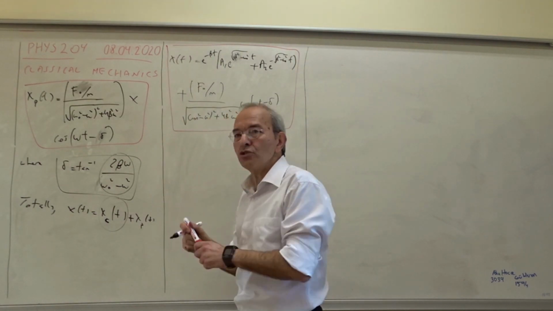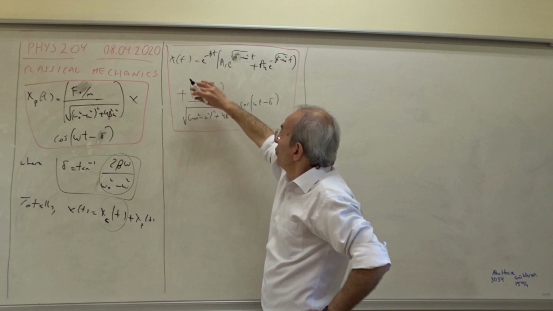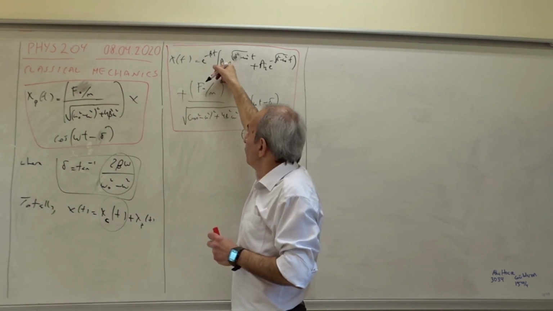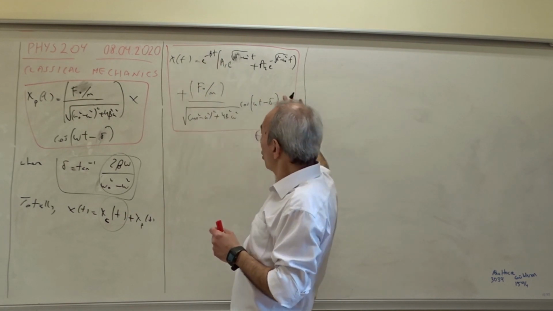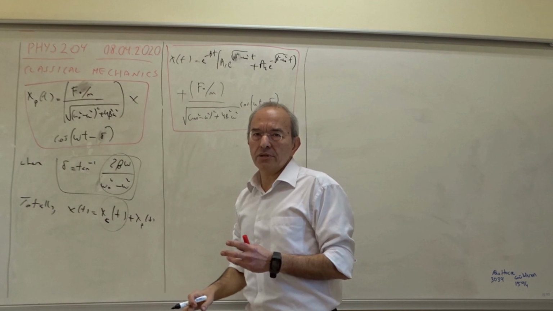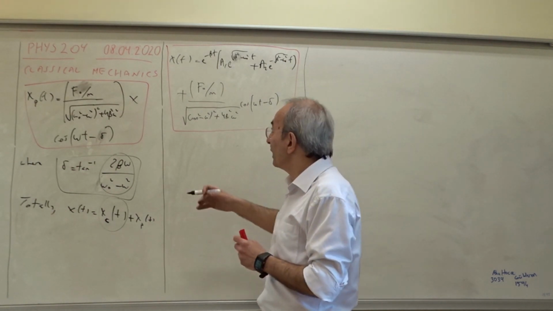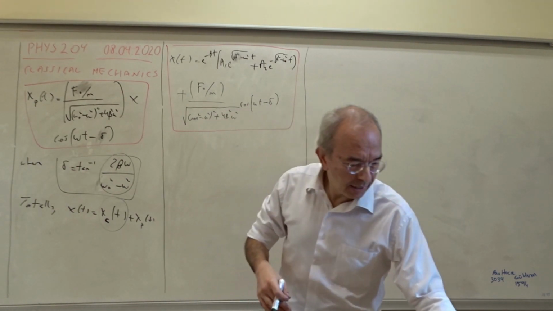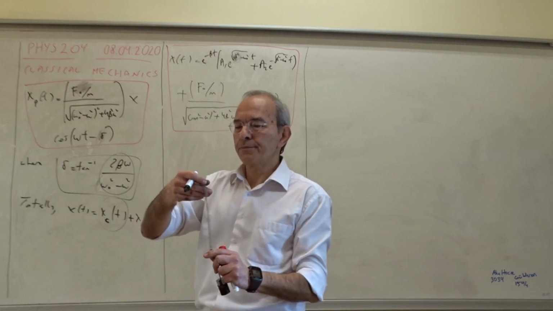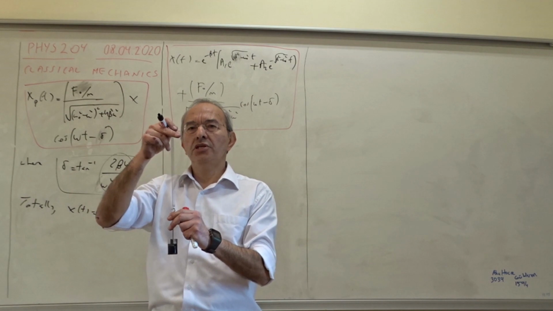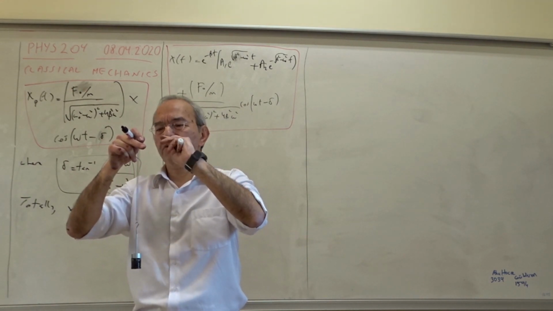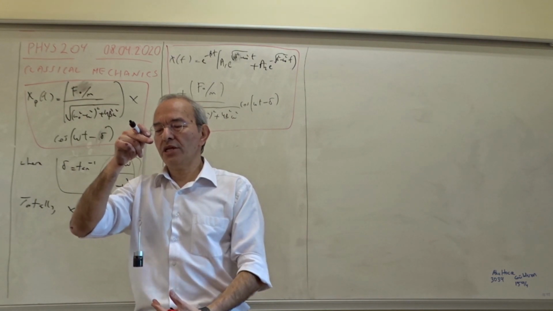Of course, if there is no applied force externally, f0 will be 0, and then this whole thing drops. We have only the homogeneous part, the complementary solution. Let me repeat the case, for instance, we have this object. If I keep my hand at rest, the upper part of the spring is at rest, then these are the oscillations, up and down.